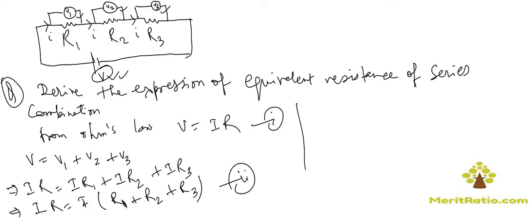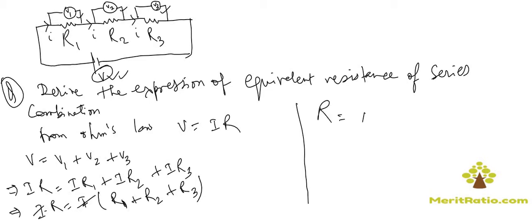So from 1 and 2, I will get cancelled out from both sides. So we are getting R is equal to R1 plus R2 plus R3.